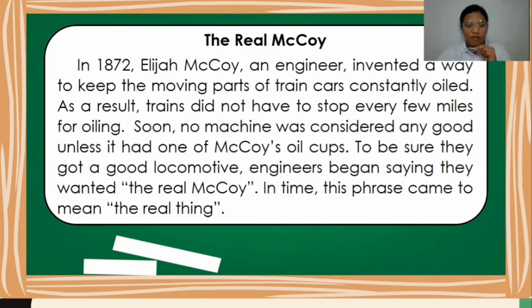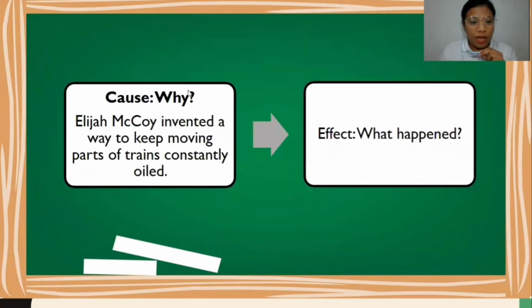Alright, so that is our sample text, and let us analyze the cause and effect present in the text. According to the text, what happened as a result of Elijah McCoy's invention? Very good. So, Elijah McCoy invented a way to keep moving parts of trains constantly oiled.